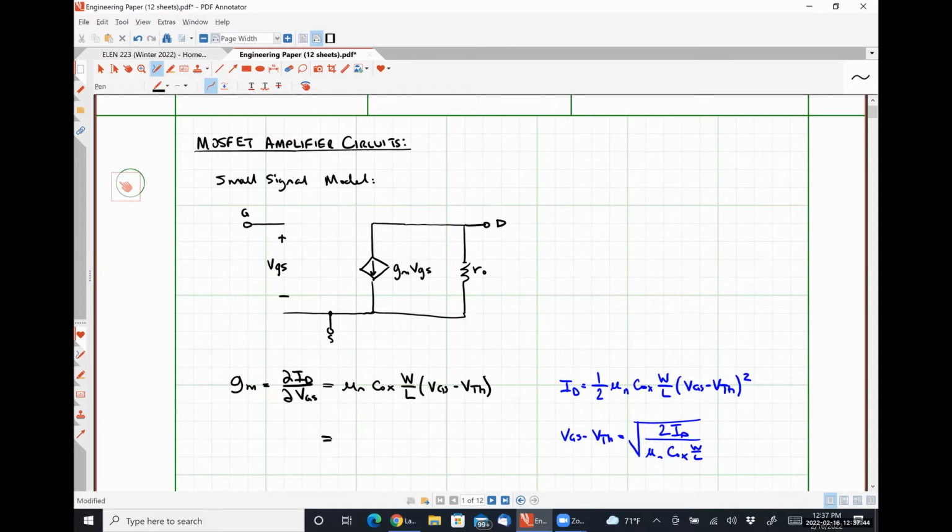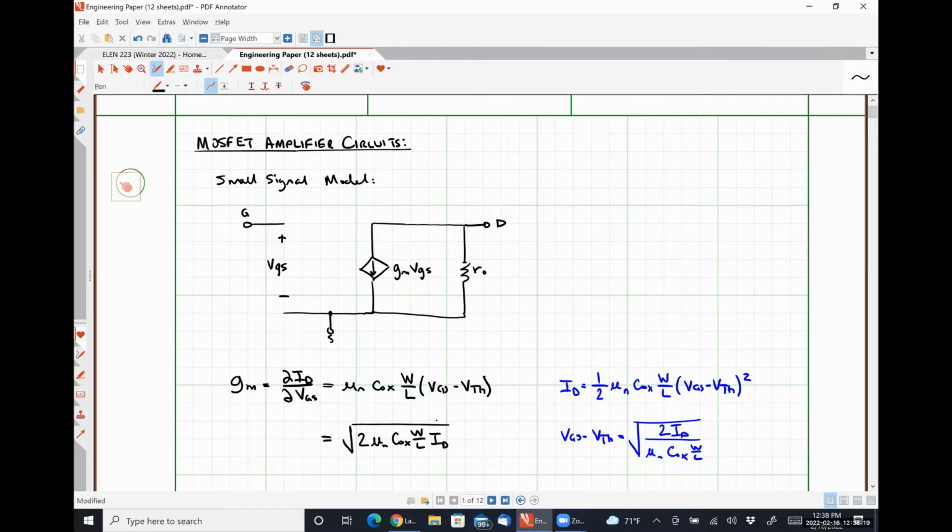And substituting that relationship in for VGS minus VTH into our original transconductance equation gives us the relationship gm equals the square root of 2 mu n Cox W over L times ID. So this is another way for us to express our transconductance, in this case, when we know what the drain current is, but don't particularly want to know or care about what VGS is.